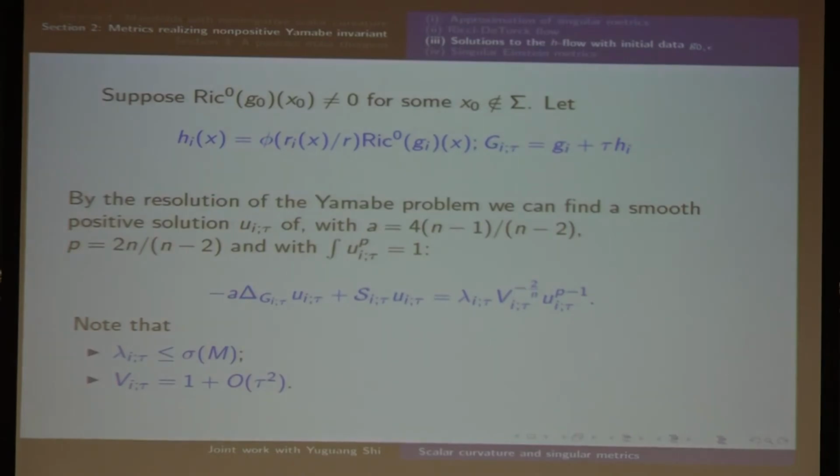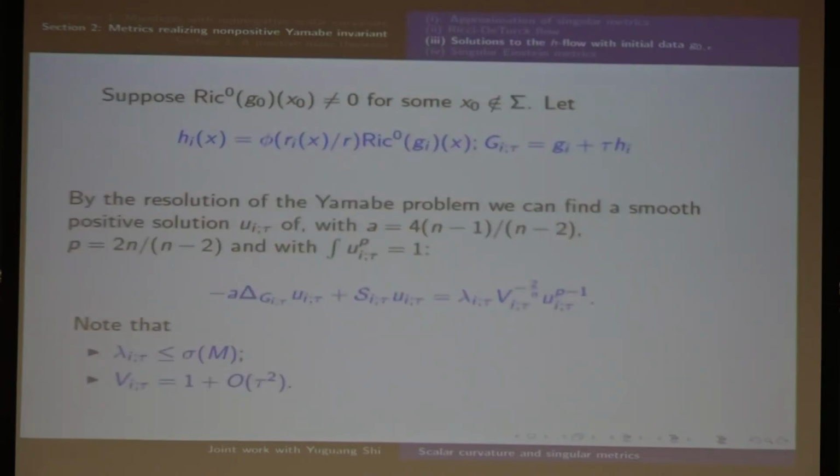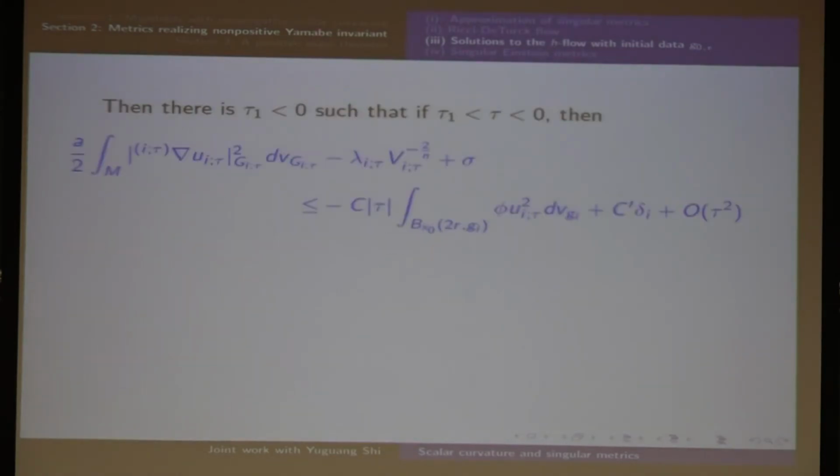Therefore, we have only tau squared. Then using this equation and multiplying by u, and integrating by parts, we have this kind of inequality. It takes a while to get this. It's not that complicated, but we need a certain kind of argument.